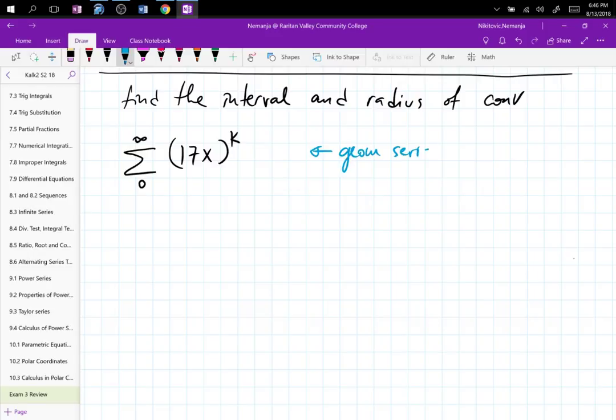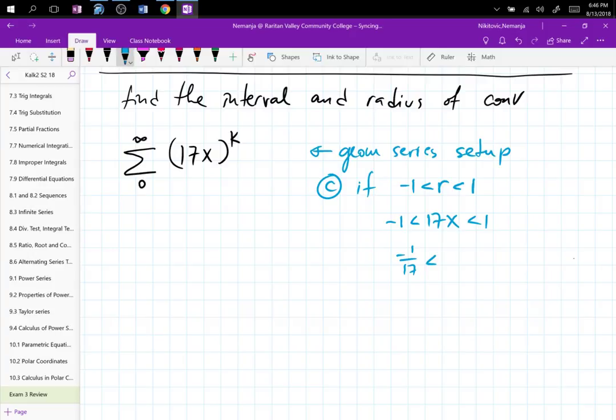Geometric series setup. What we know for geometric series is they converge if r is between -1 and +1. Your r is 17x, and that needs to be between -1 and 1. Divide both sides by 17. So -1 over 17 less than x less than 1 over 17.